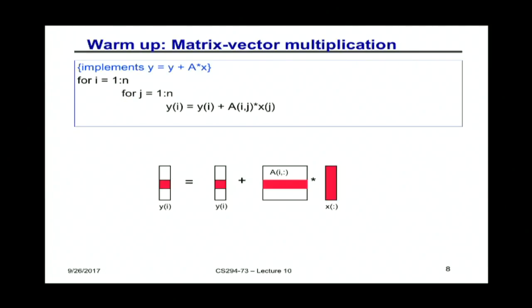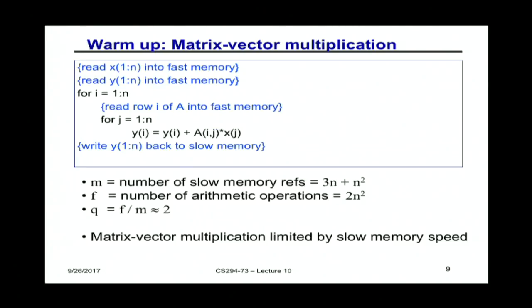So let's start with a simple operation, matrix vector multiplication. Here you have a matrix A, and then you multiply with X plus this destination vector, then put it in this destination. So you need to read this X vector into the fast memory. We are thinking about a cache. And then read the Y vector.